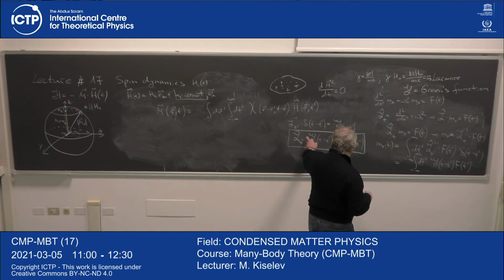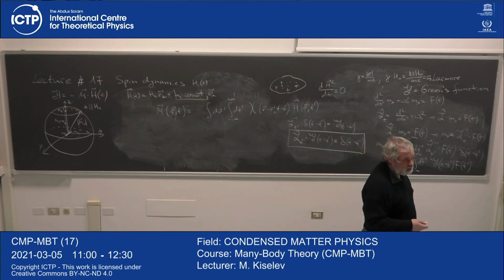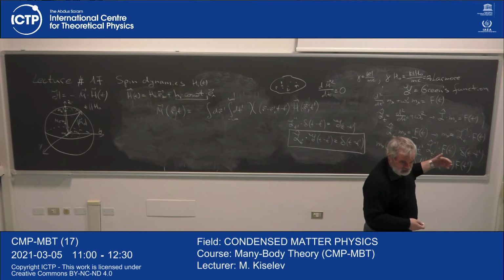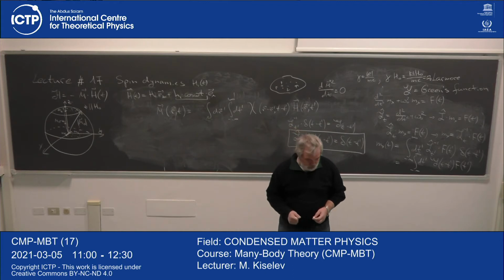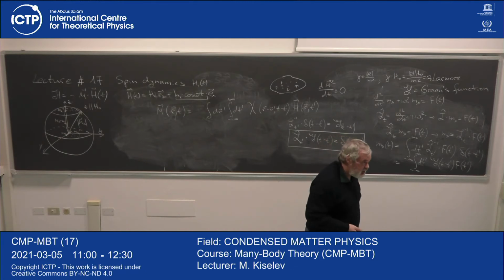Okay, let's now solve this differential equation and find the Green function for the harmonic oscillator. Classical harmonic oscillator. In order to do it, as you learned in the course of mathematical technique, we apply Fourier transformation.